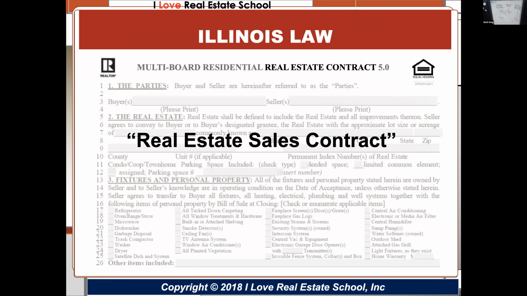Okay, so when Angel and Maria are ready to write up their offer, they call Bill. Bill pulls off the form. At the top of the form, it says real estate sales contract, right? And they fill it all out and they sign it, okay? Then Bill takes what you guys signed, that package, right? What did they sign? At this point in the process, what did you sign?